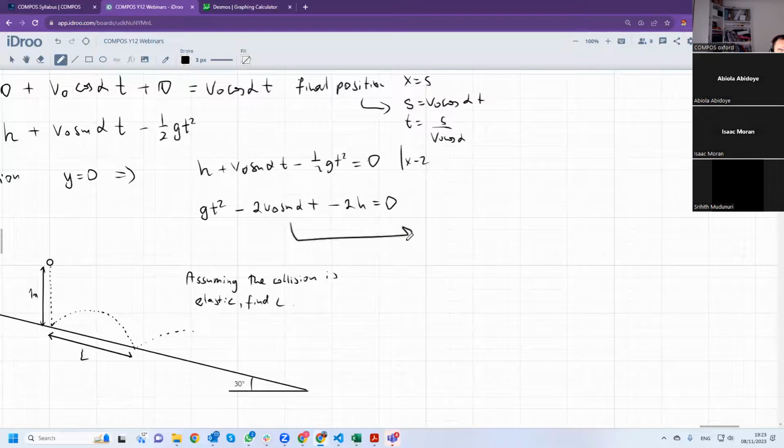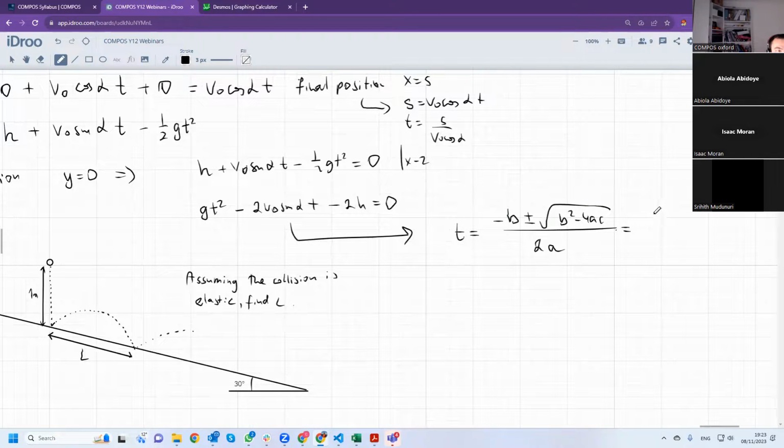So from here, I've done the quadratic. t is equal to minus b plus or minus the square root of b squared minus 4ac, all divided by 2a, the good old-fashioned formula.